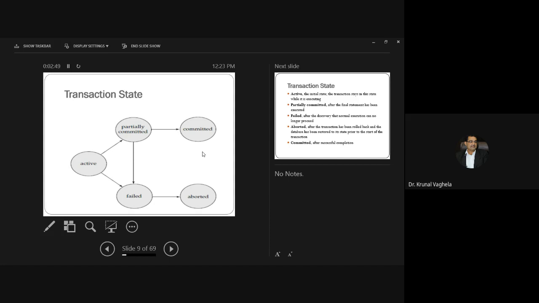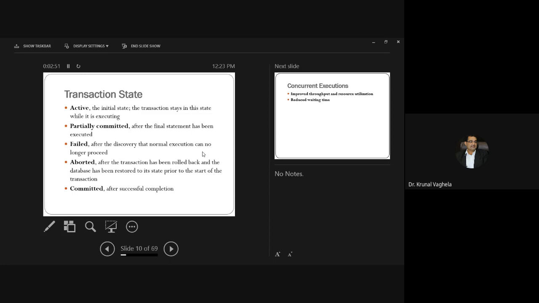So these are the 5 states, and up till now we have done these things.